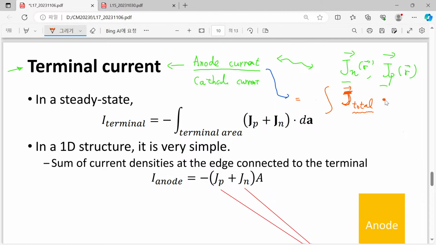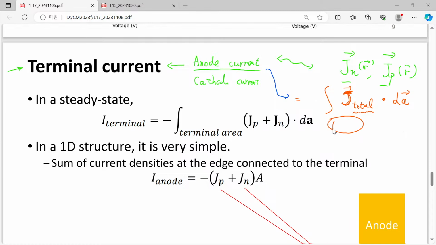That is integrated over a certain position. What is that position? This is the interface between our semiconductor and anode. So are you with me?